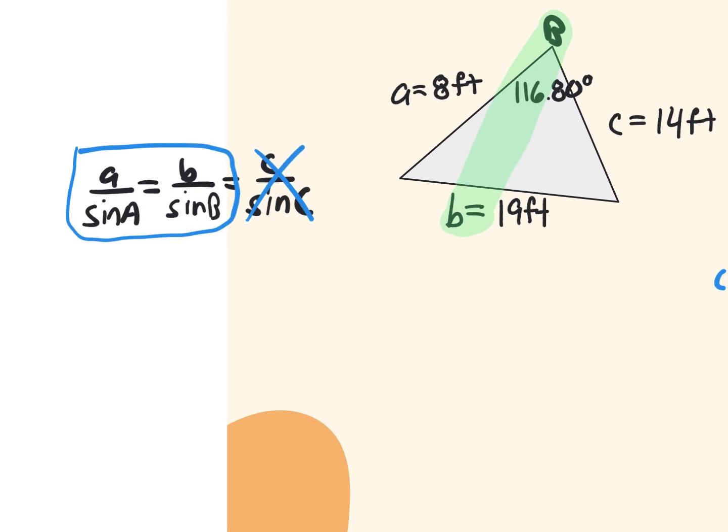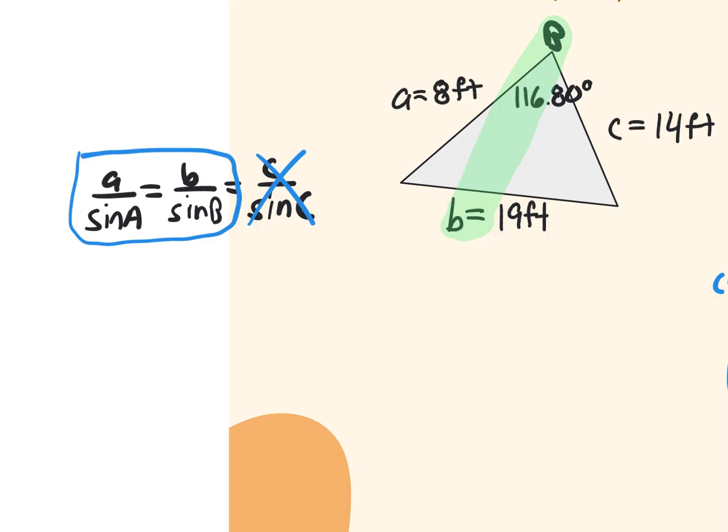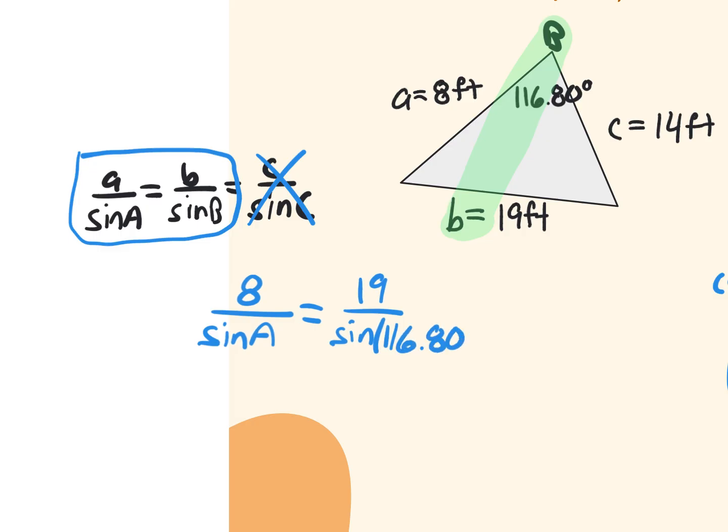All right, so let's plug in the information that we have. So I know that it's going to be 8 over sine of A. We don't know what A is. Equals b over sine of B, which is 19 over sine of 116.80. How did we do something like this yesterday?